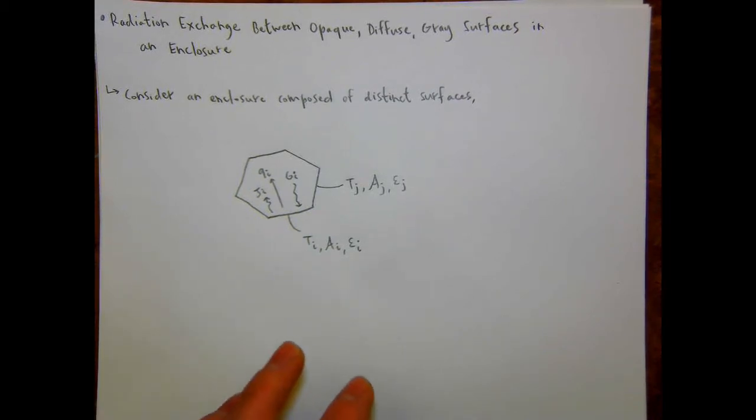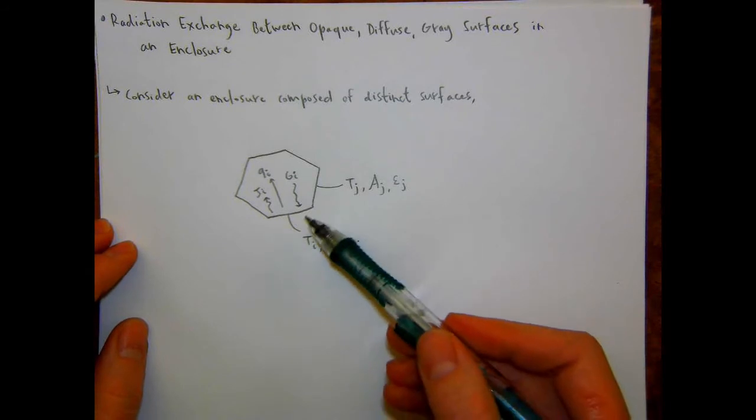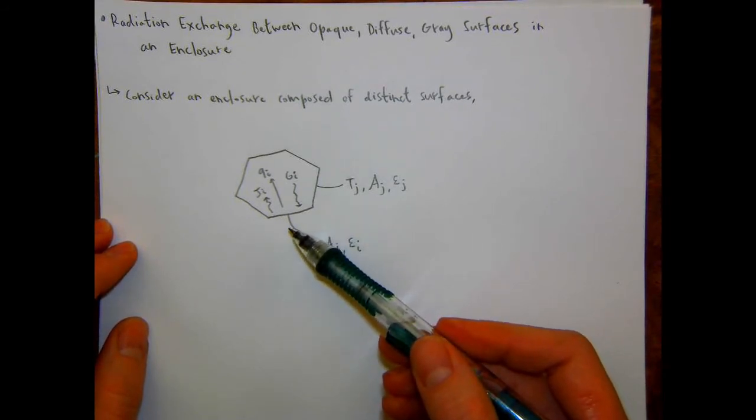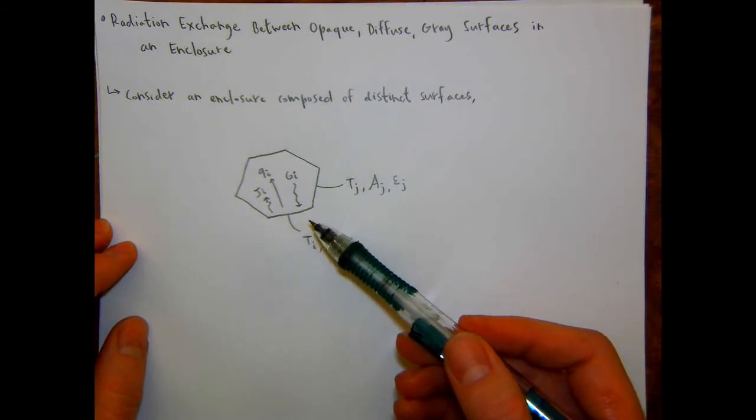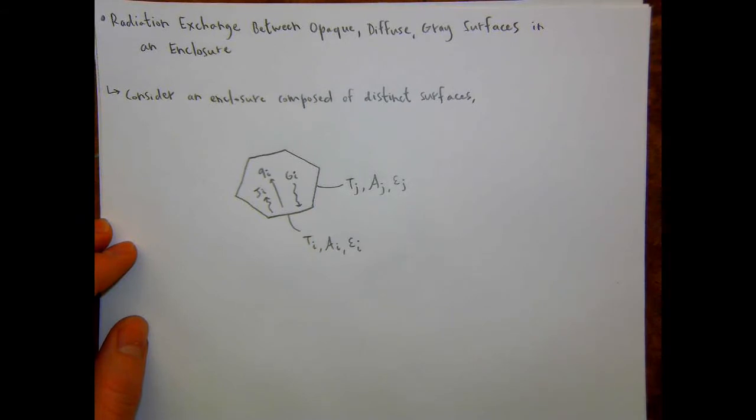So we need to make an important distinction between this type of enclosure and the enclosure we considered previously, where we had just one surface that was all at the same temperature. Here the surfaces are individually isothermal, so each surface temperature remains constant in space and time within that surface.